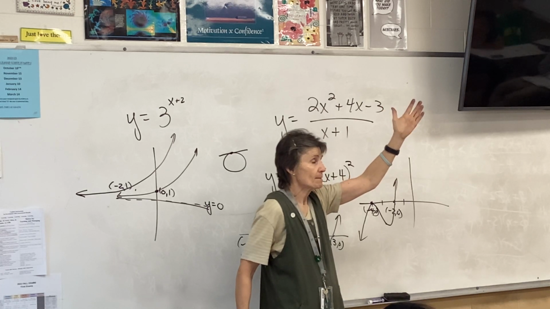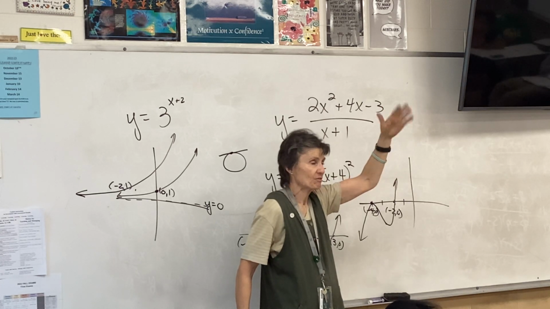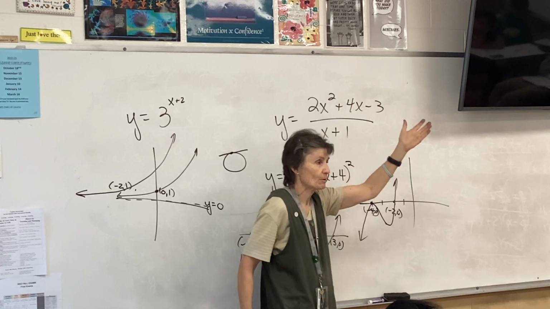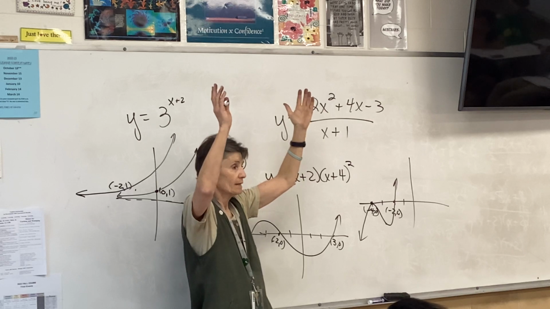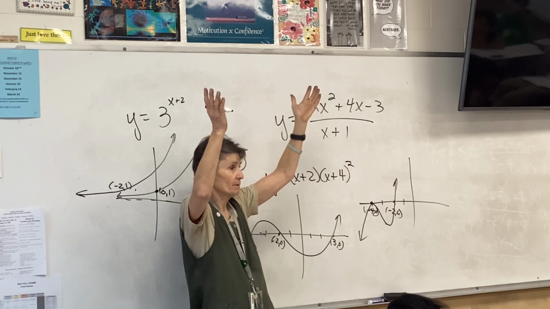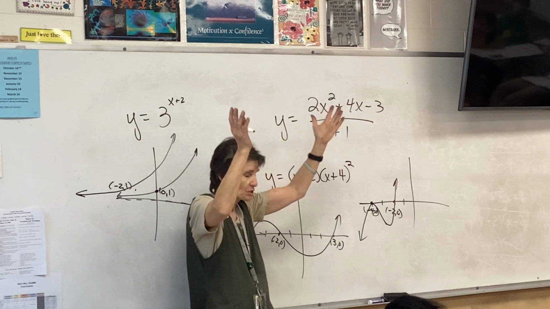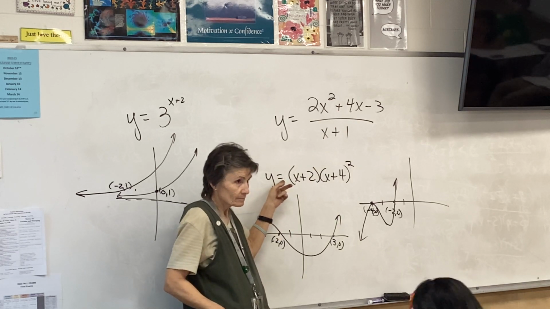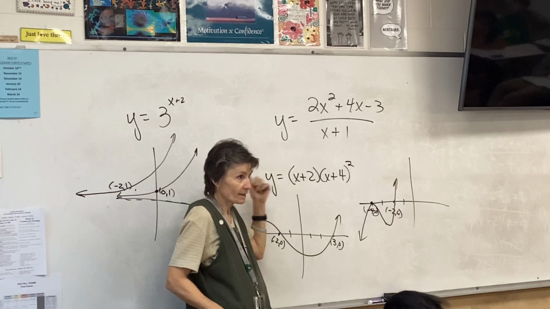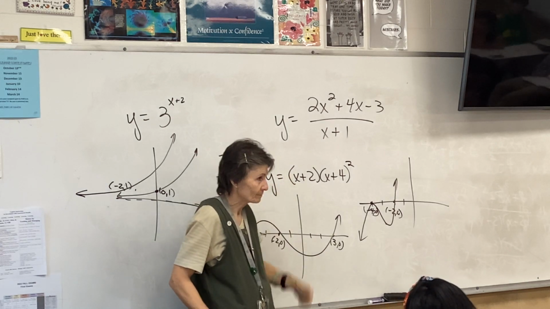Now, that doesn't impact whether you bounce or not, because anything can bounce, but that impacts where you start. So evens, x to the fourth, up. Now, of course, all that changes if you stick a negative out in front, right? It's upside down.